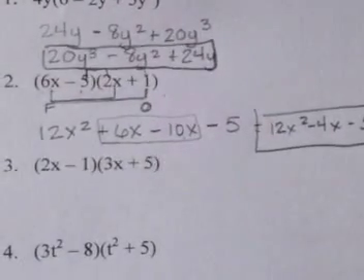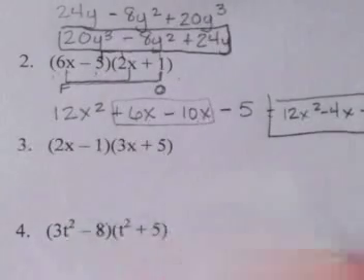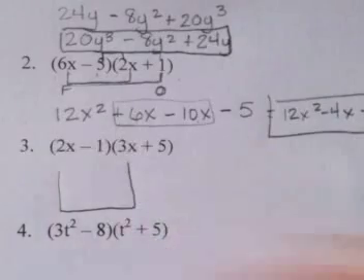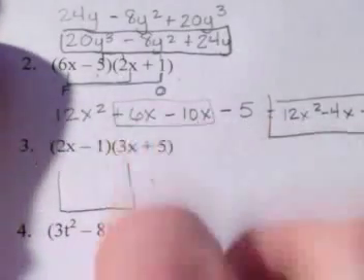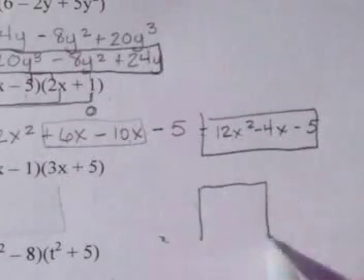For the third example, I'm going to multiply these two binomials using the box method, which is pretty much the same thing as FOILing. It's just kind of a geometric representation. I think I need a little more space than I've got right here, so let me put it out to the side of the problem.